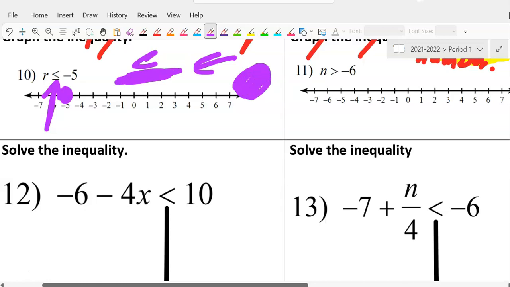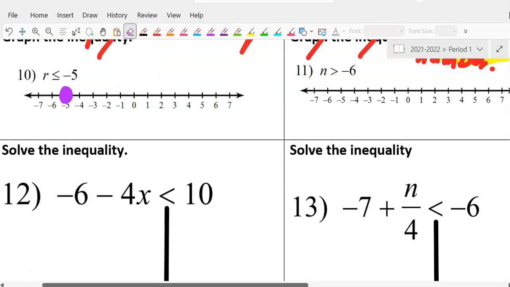So closed circle for a plate underneath it. Does it have a plate, everybody? Yes. So then you have a closed circle. Okay, which direction are we going, left or right? Left. Do we agree, everyone? Yeah. And you can see the arrow pointing to the left. It's also less than, or is all the numbers that are less than. Okay, good. What about number 11?